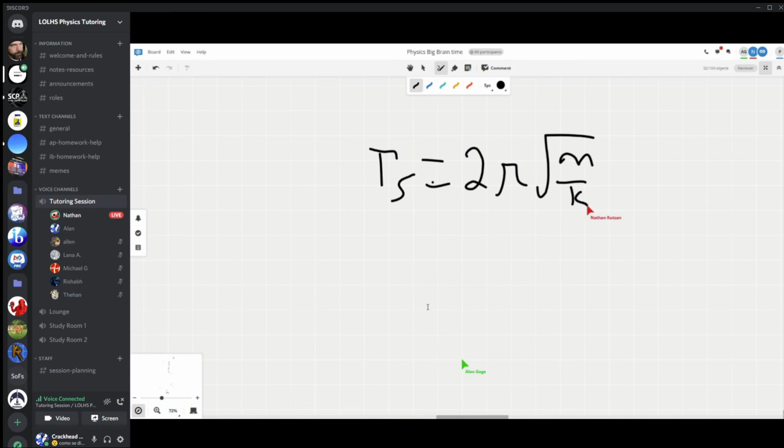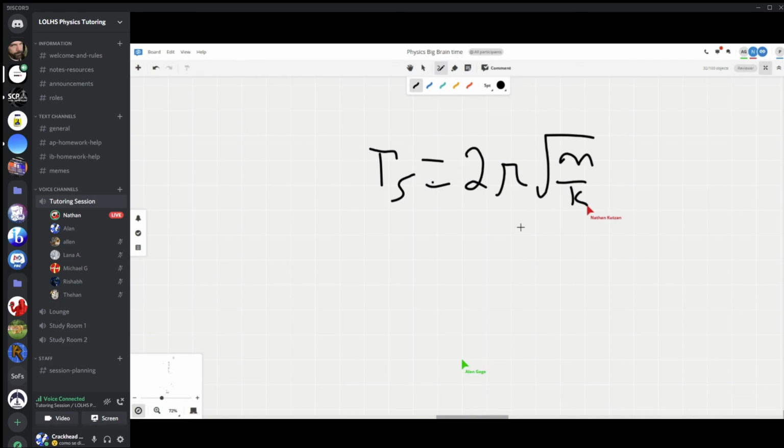Anyway, that's irrelevant. This is the equation for the period of a spring, or of any oscillating system like this. One interesting thing to notice is that displacement is not anywhere in this equation.